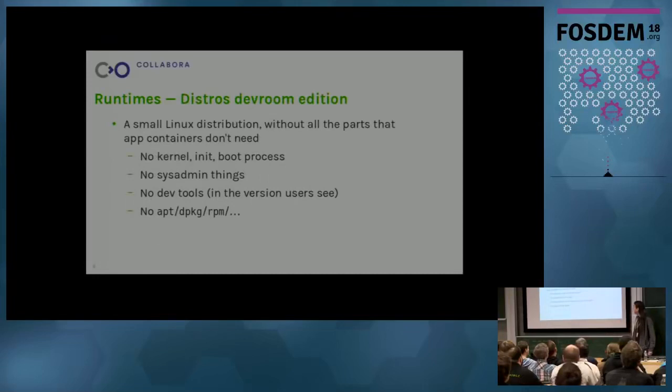because this is basically a tiny Linux distribution. It's a weird Linux distribution because it can't boot. You don't have a kernel because you have a host system for that. You don't have init because you have a host system for that. There are no sysadmin things because you're running as one user, you're running an app, you don't need daemons. In the version that users see of the runtime, you don't have development tools because if you just want to run Evince or Firefox or Steam or whatever, you don't need GDB.